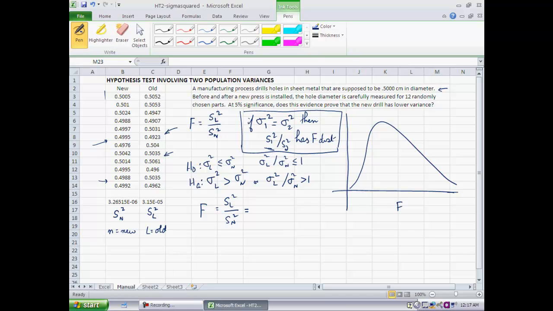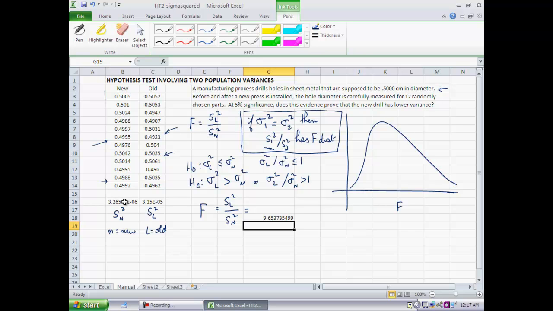So with the data that we have, this is equal to SL squared divided by SN squared. It's 9.65.